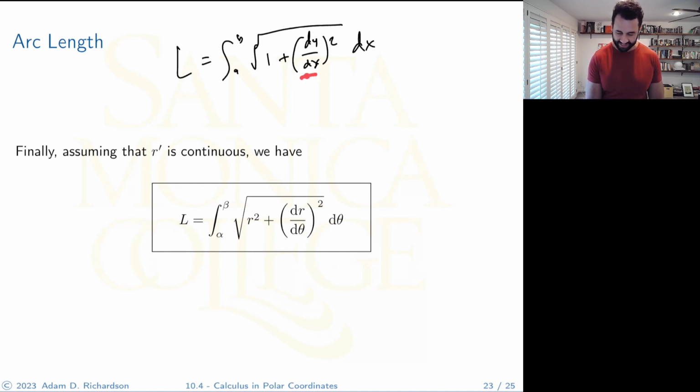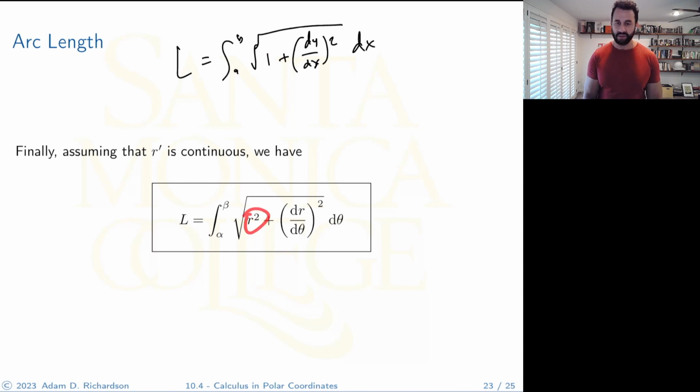So look at the similarities in structure. dy dx is literally the derivative of y versus x. This is dr versus d theta. But here, y is a function of x, and here r is a function of theta. So these two terms are analogous to one another. They're the derivative of your function. And then here you've got 1, but here you've got r squared.